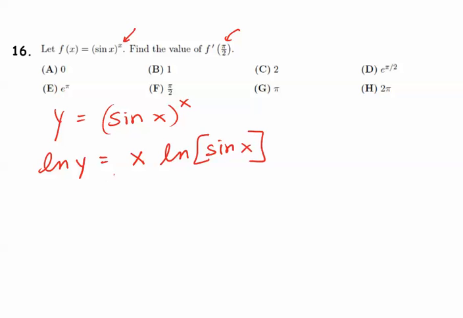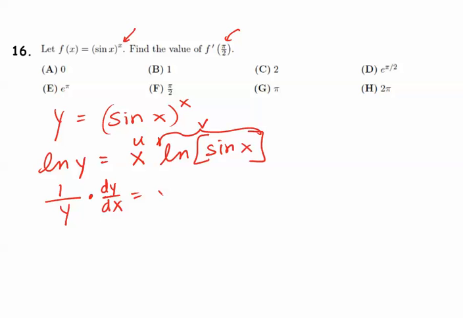So now we're ready for our implicit differentiation with respect to x. So the derivative of natural log of a glob is 1 over a glob times the chain rule on the glob. And on this side, we've got a product rule here. This is our u and our v.